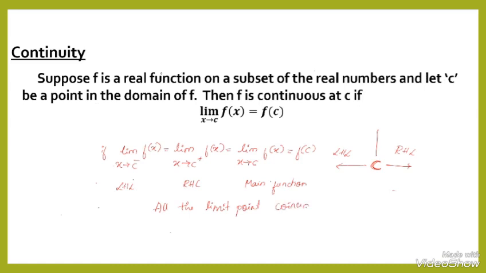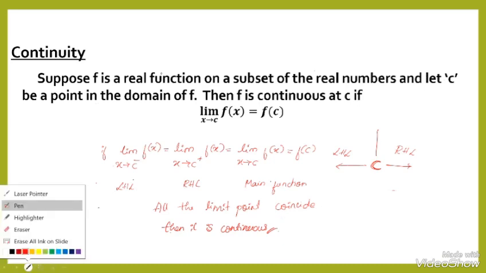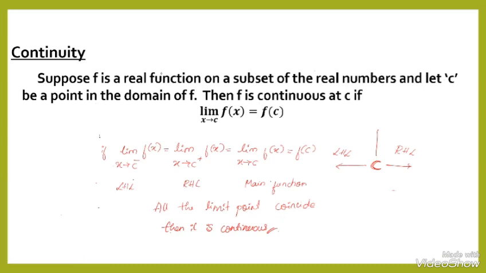If all the limit points coincide, then it is continuous. This is one of the main definitions for continuity.